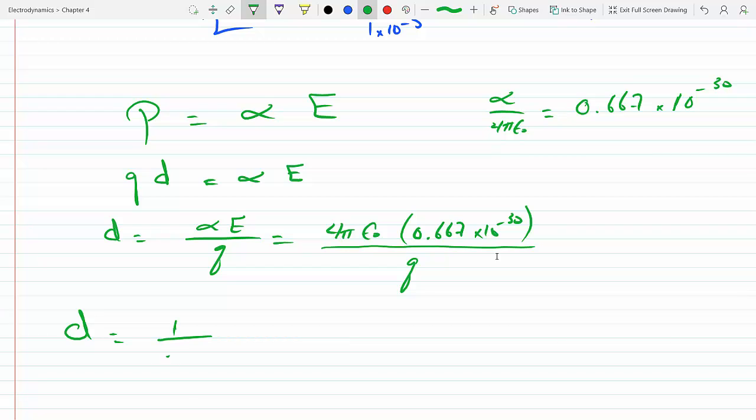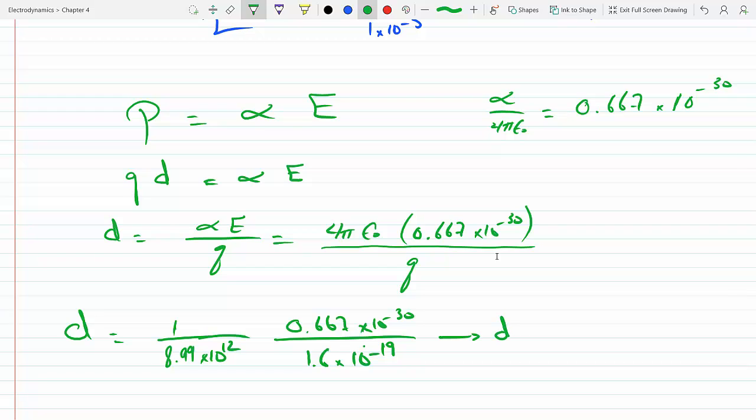So 4 pi epsilon is 1 over 8.99 times 10 to the 9, times 0.667 times 10 to the minus 30, and then Q, the charge of the electron, because it's one atom with one electron, is 1.6 times 10 to the minus 19.